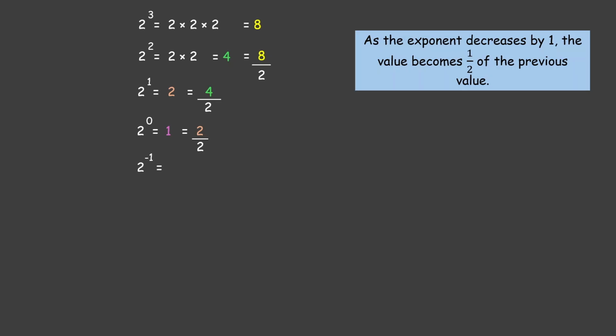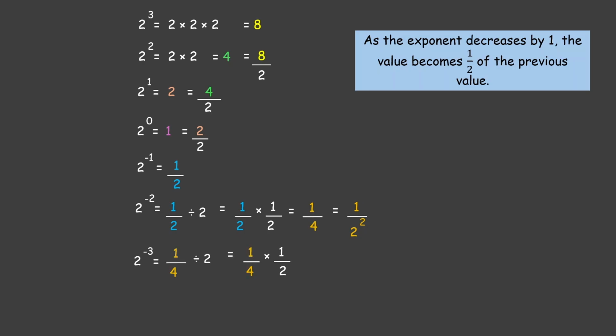Then 2 raised to the power minus 1 will be 1 divided by 2, 1 by 2. 2 raised to the power minus 2 will be 1 by 2 divided by 2, that is 1 by 2 into 1 by 2, 1 by 4, or 1 by 2 raised to the power 2. Similarly, 2 raised to the power minus 3 will be 1 by 8, or 1 by 2 raised to the power 3. Once again, we see that 2 raised to the power minus n is equal to 1 by 2 raised to the power n.